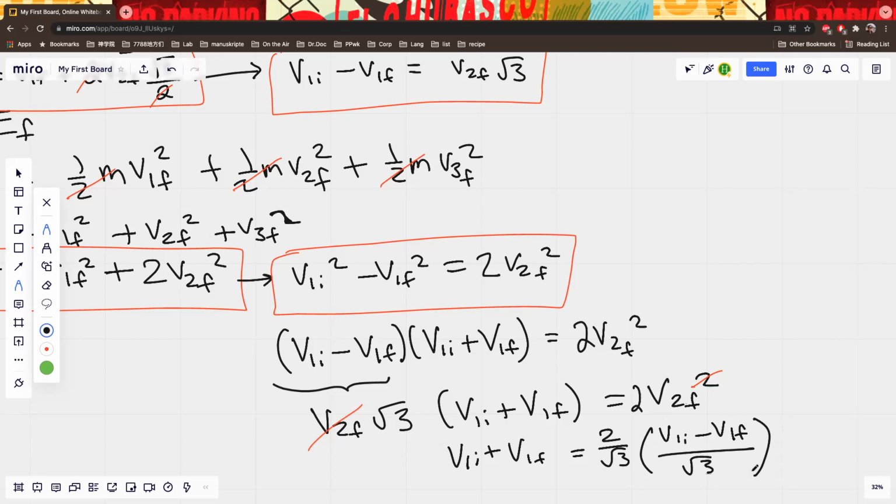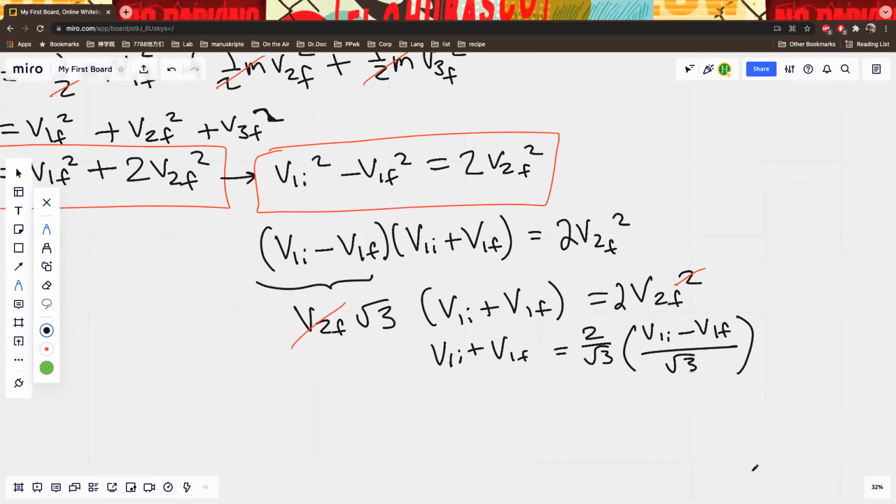Okay. So then I have root 3 times root 3, that's just 3. So I have 2 over 3 times V1I minus V1F, and V1I plus V1F equals that.